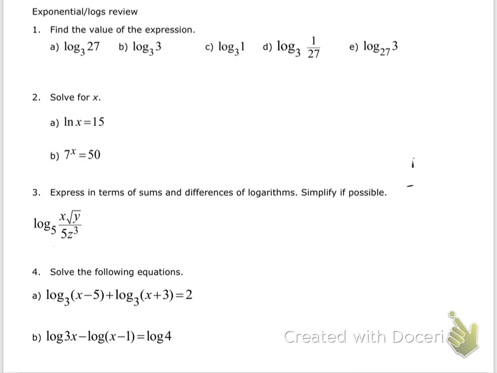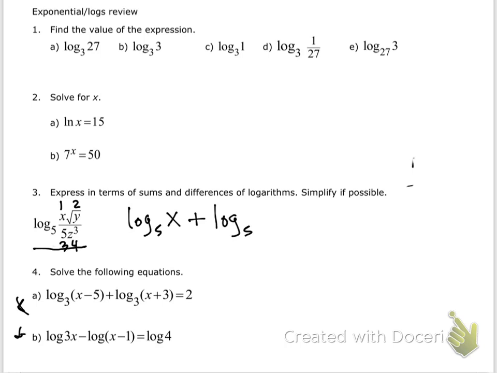Right, expanding logs is question 3. So, when we get to solving these, we're going to be condensing them, putting them into a single log. This is a single log. Let's put it into 1, 2, 3, 4 separate logs. There's 4 parts to this, so 4 separate logs. So, log base 5 of x. Because the radical y is going to be a multiplication, we are going to add log to base 5.